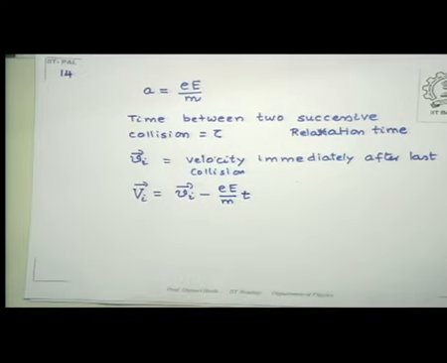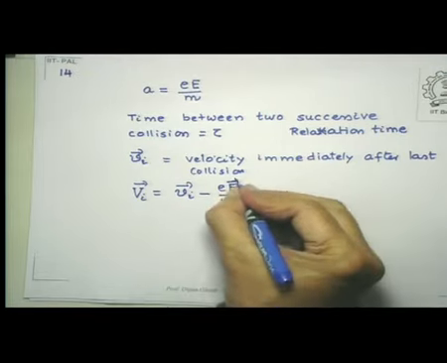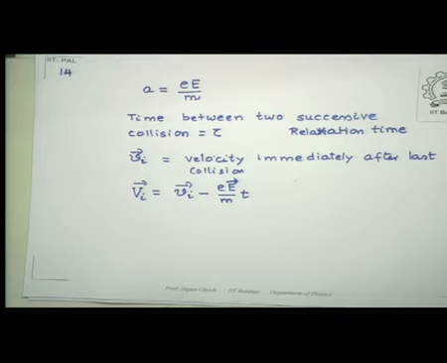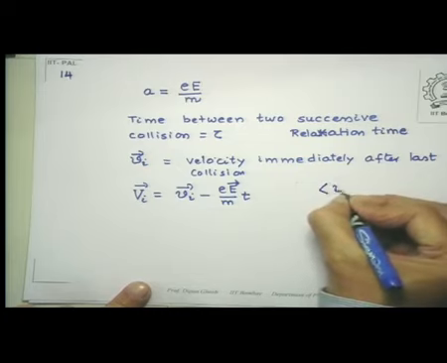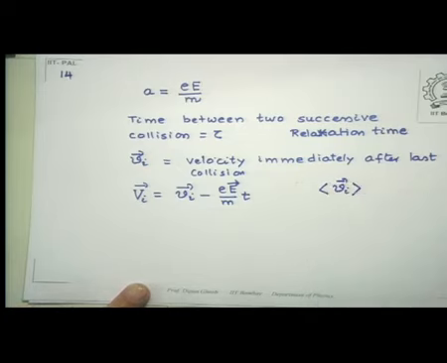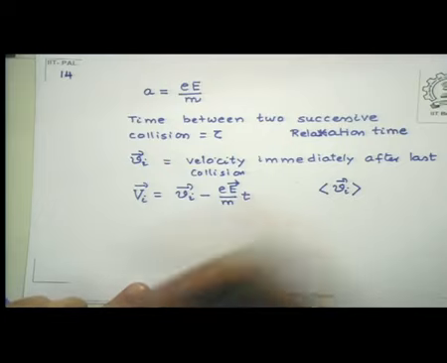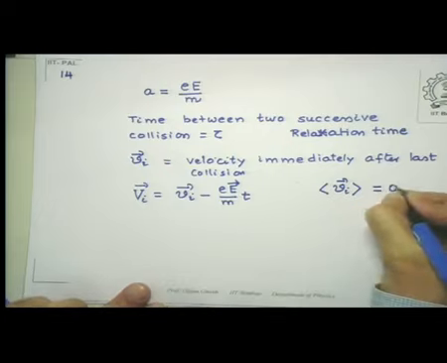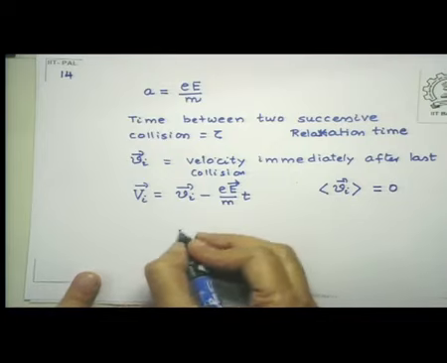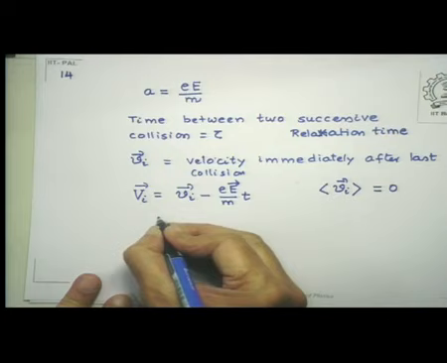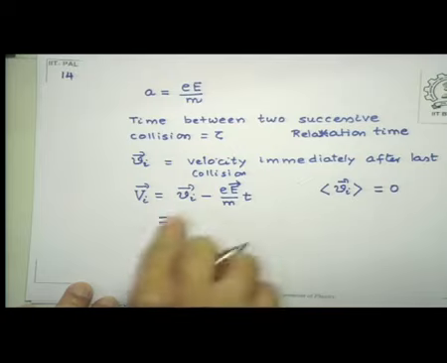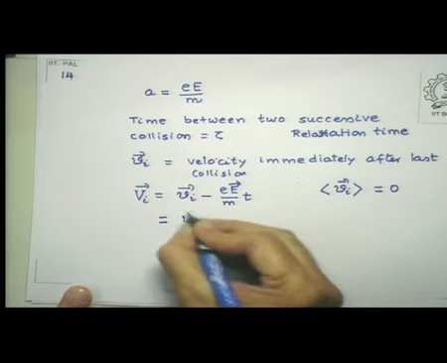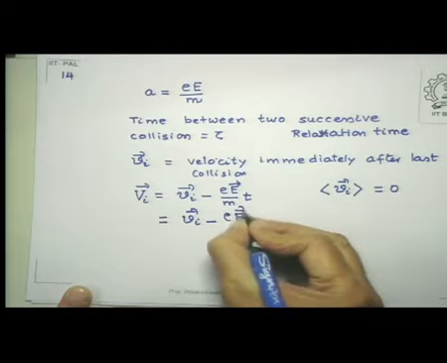Minus sign, because I am talking about an electron which must move in a direction opposite to the electric field. Now remember I also mentioned that the average value of Vi, which is 1 over n times sum over i of Vi, is equal to 0. But if you look at this now, then the velocity close to a relaxation time would be Vi minus E tau over m.